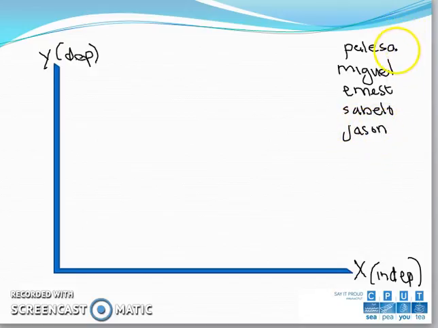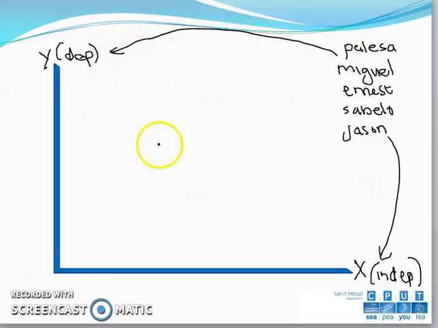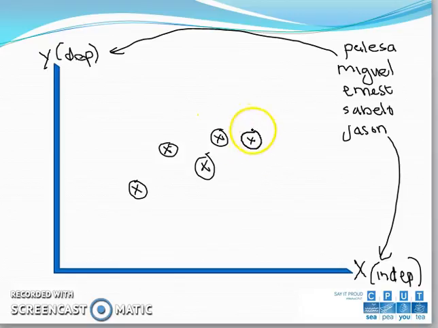Each of them will have a numerical value for the amount of study time that they spend, and also a numerical value for the amount of marks that they get. For each one of these 5 students, I will place a dot on my scatter plot. So that's my 5 students.